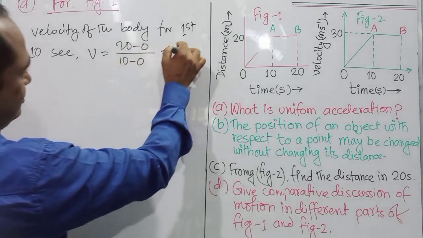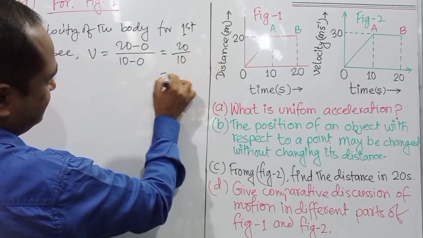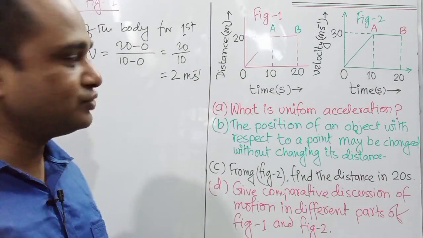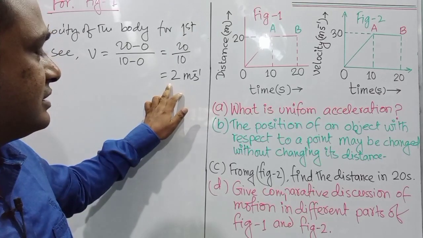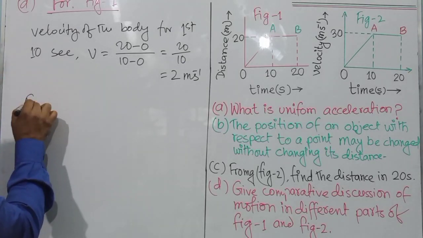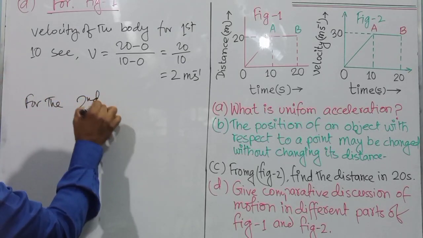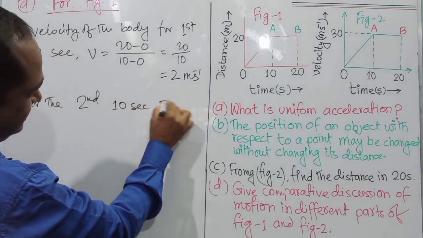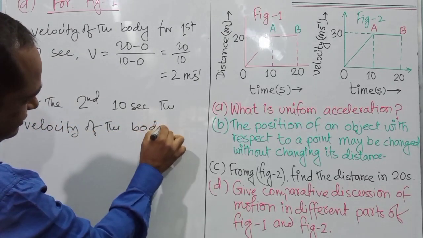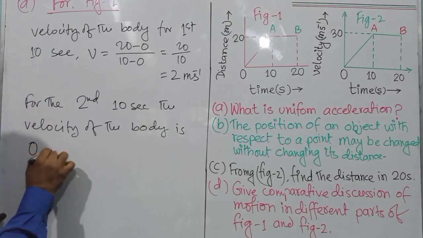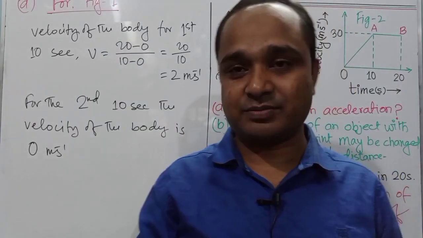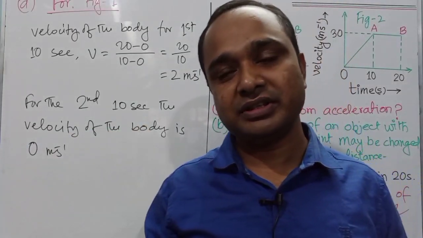After the calculation we get 20 by 10, that is 2 meter per second. So for the first 10 seconds, the body moves with a uniform velocity of 2 meter per second, and for the second 10 seconds the velocity of the body is 0. Since the distance is not changing, the body is at rest.